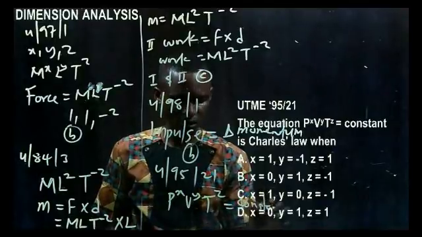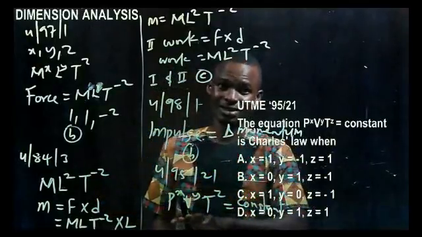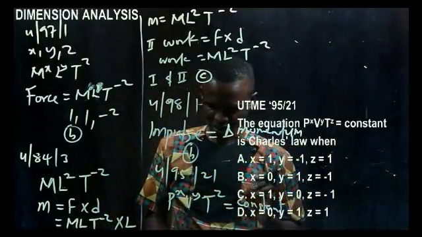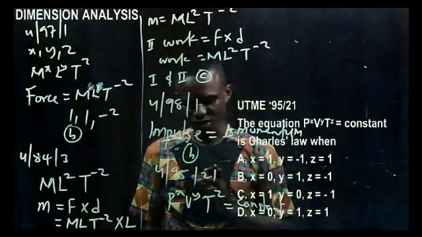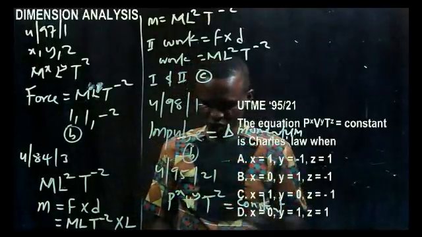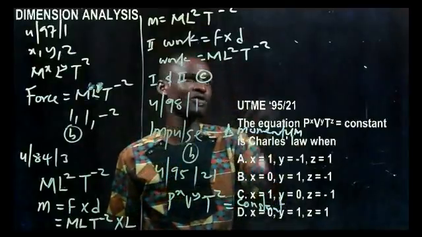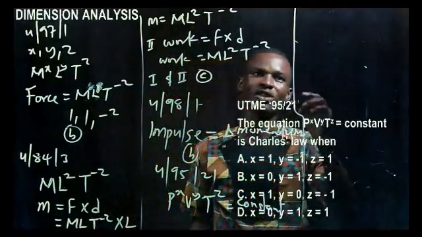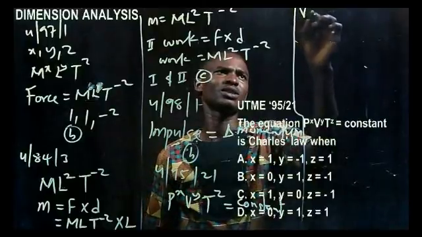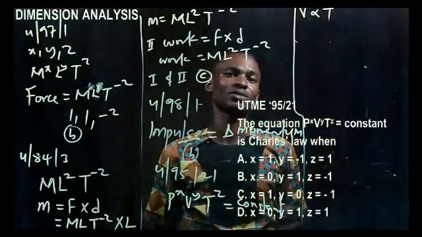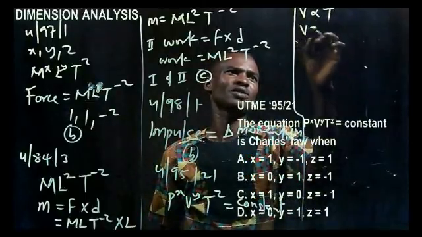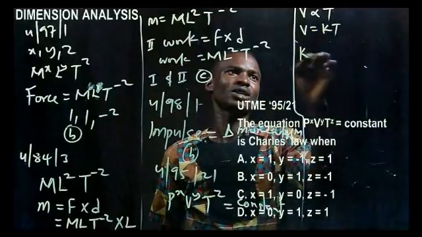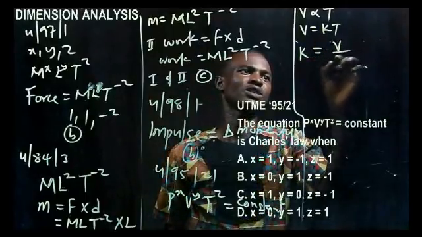They said this equation is Charles' law when, you can see the options. But I need to refresh your mind. Charles' law states that for a given volume of a gas, the volume is directly proportional to temperature. So if you introduce a constant, you have V equals KT. Now your K is equal to V over T.